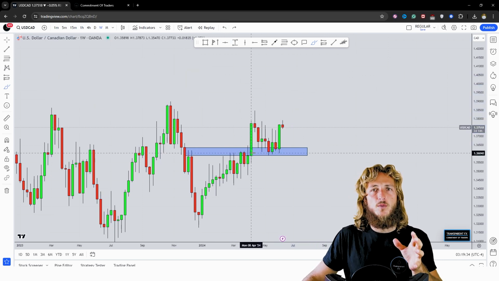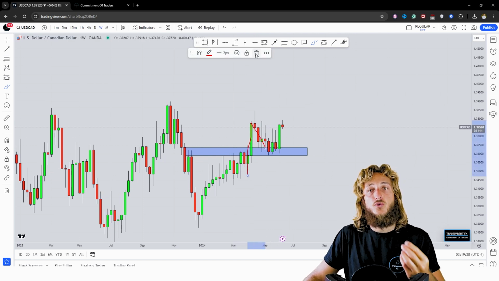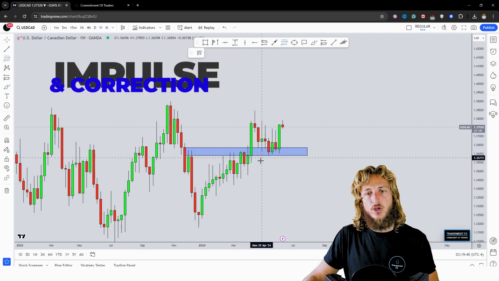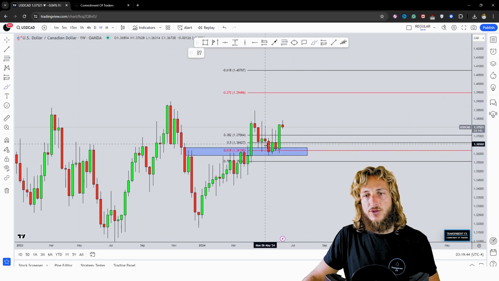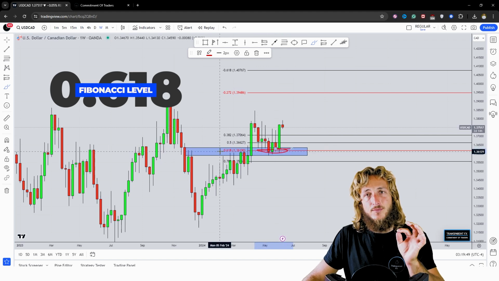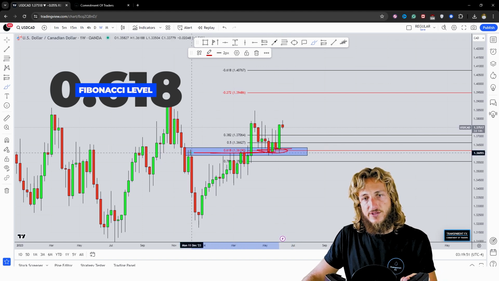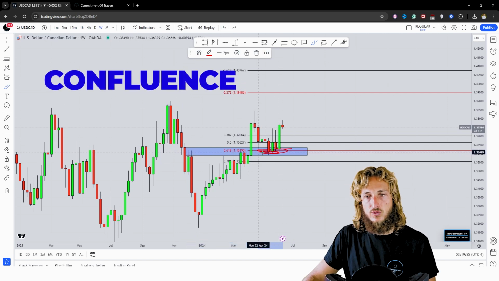We can also notice that from a weekly perspective, as we have this impulse and correction, if we want to measure the correction, we have to take our Fibonacci from the low to the high of the impulse leg. And if we do that, we can notice how we have a perfect 0.618 Fibonacci retracement lining up precisely with this previous resistance turned support, therefore creating confluence of support in this area.